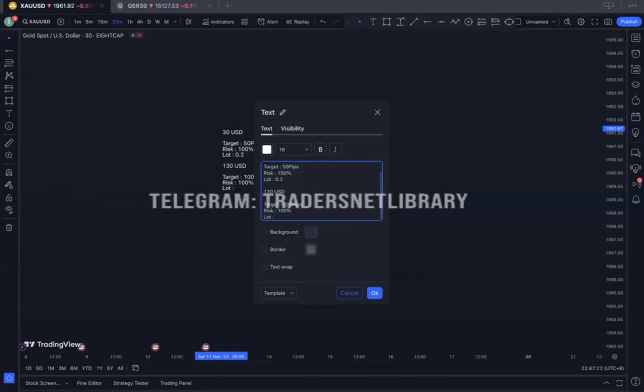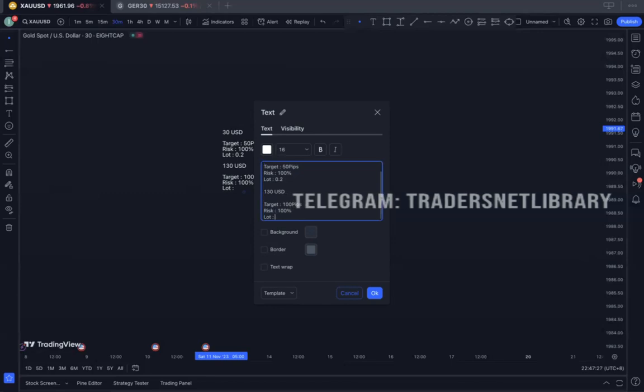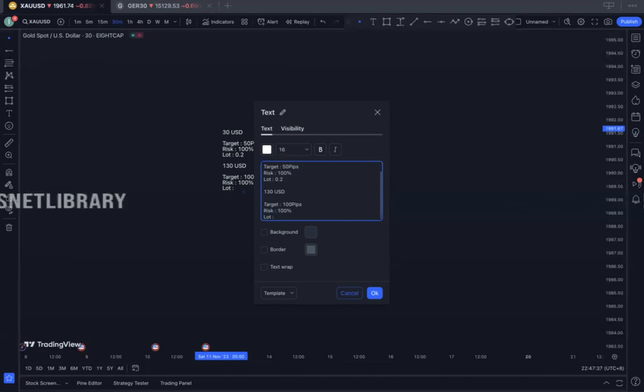Okay, the lot size is like 0.09. Wait, 0.09. Your risk is 100%, account size 130, and my FX book is saying 0.09, something like that.